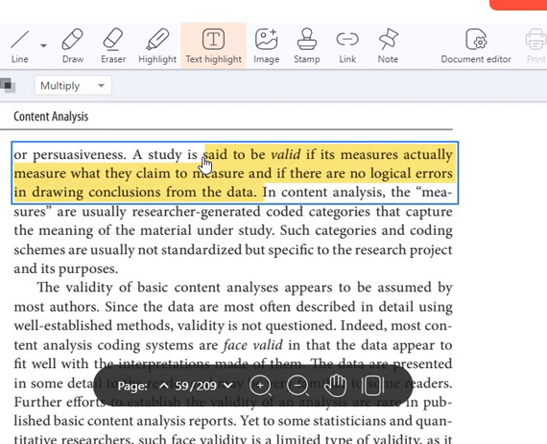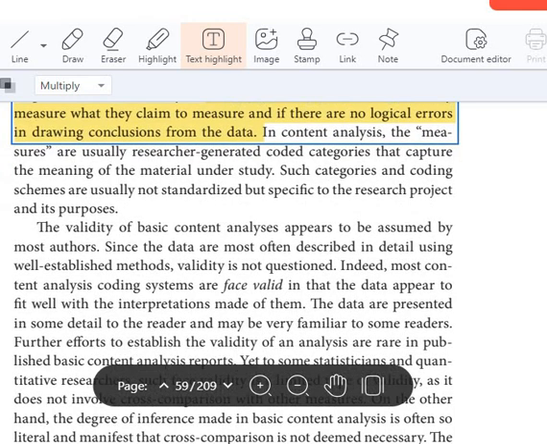This means that your study is valid. In content analysis, the measures are usually researcher-generated coded categories that capture the meaning of the material under study. Such categories and coding schemes are usually not standardized but specific to your project. Validity of content analysis appears to be assumed by most authors.